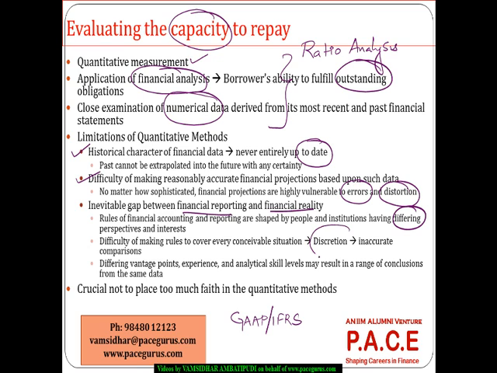So obviously there has to be some kind of discretion given to document different kinds of transactions, which means the comparison across the different companies will become difficult because different companies will document the same transaction in different ways under different headers. So there could be differences in the way the experience and the skill may result in.